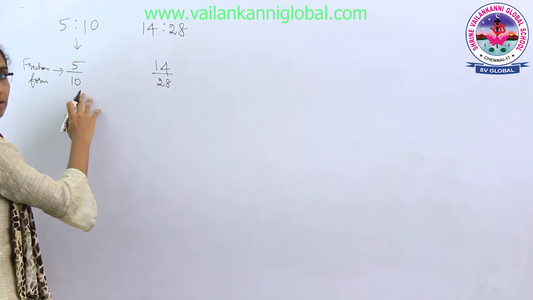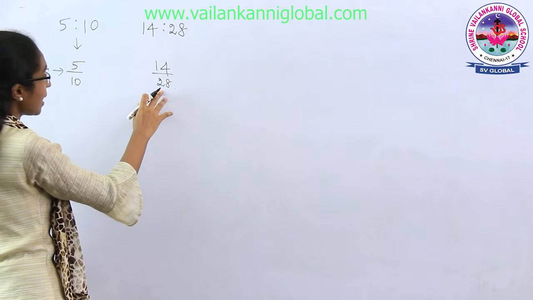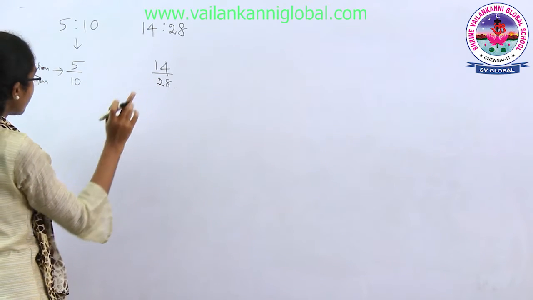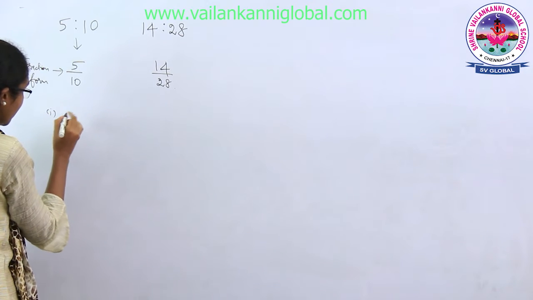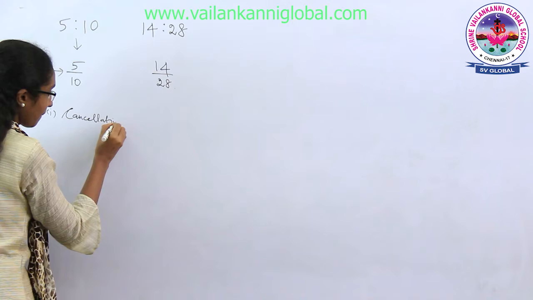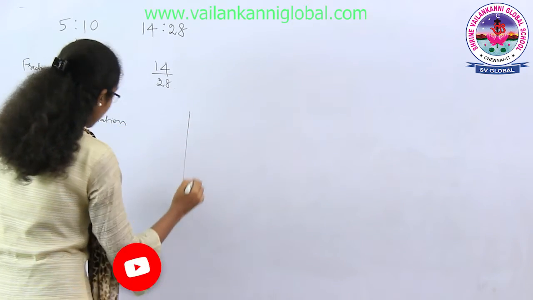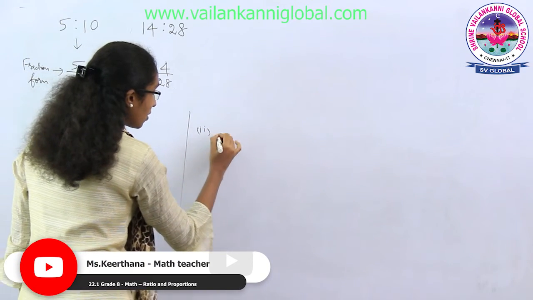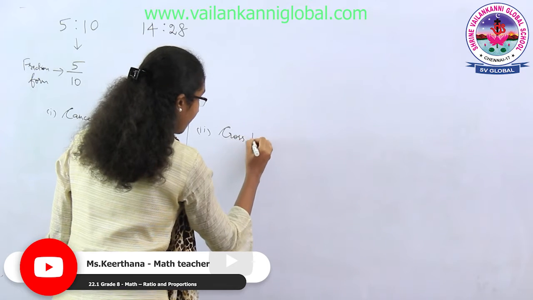To find out whether these two fractions are equivalent or not, we have two methods. The first method is the simple cancellation method, and the next method is the cross multiplication method.